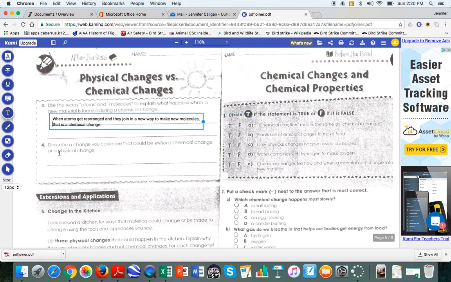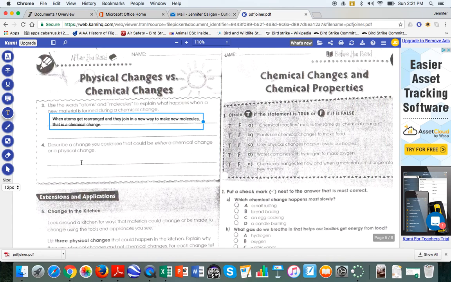We'll take it. Describe a change that you could see that could be either a chemical change or a physical change. So they gave the example of burning wood and how burning the wood is chemical, but how heat radiates through the air is physical. So I want you to see if you can come up with a situation kind of like that, and think about using fire.